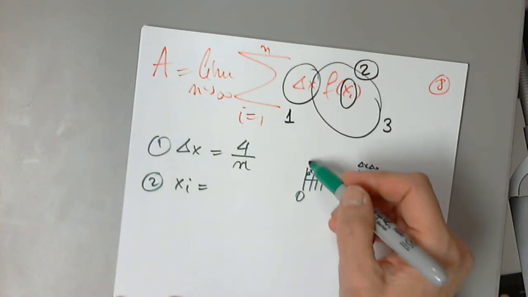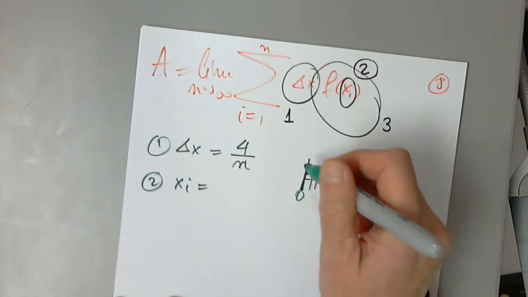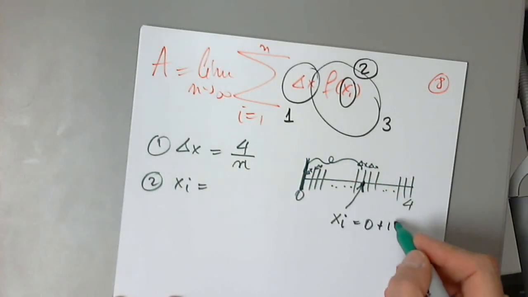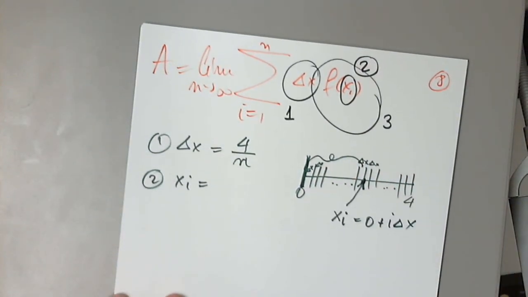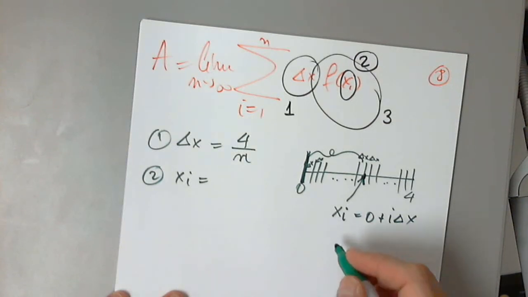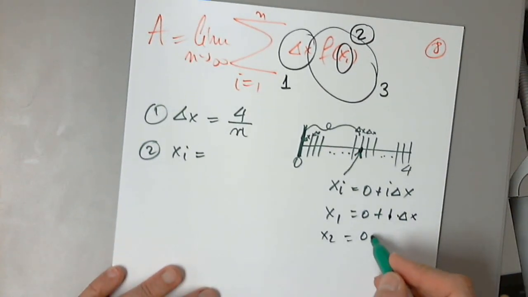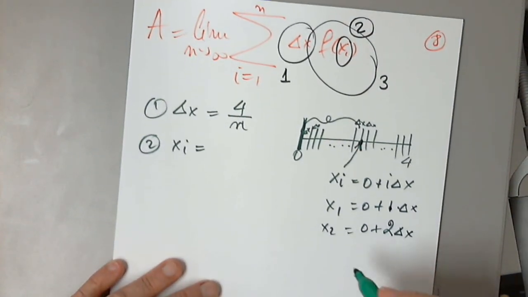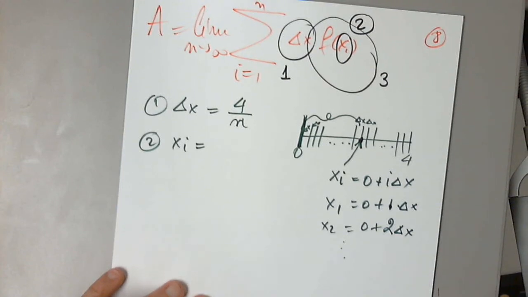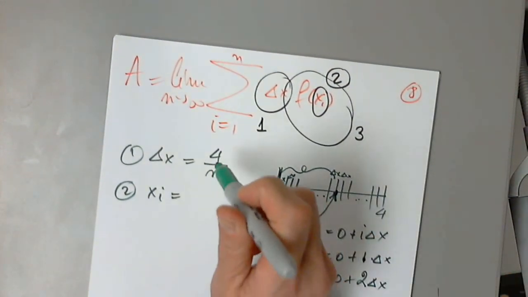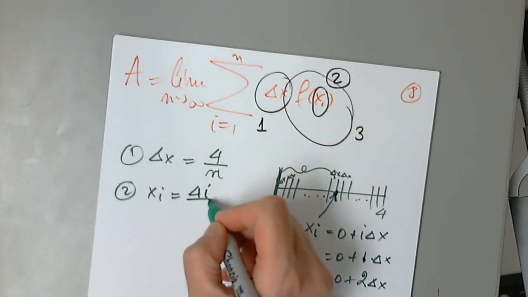Well, it equals 0, the leftmost point, plus i of these. Because x1 will be 0 plus 1 times delta x, x2 will be 0 plus twice delta x, and so on and so forth. So then xi will be 0 plus i delta x. So it's delta x times i, 4i over n.